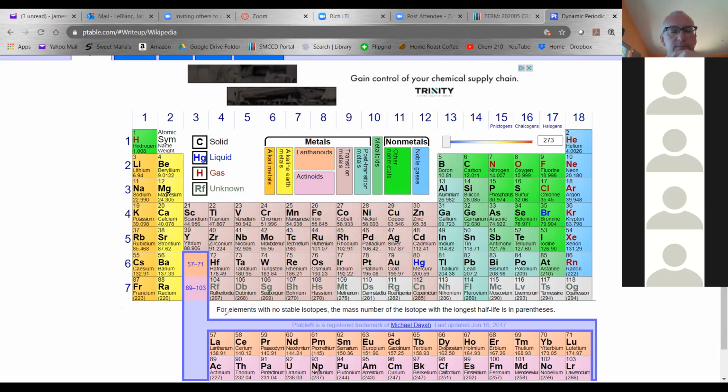Do they have properties of both metals and nonmetals? No, that is the metalloid. That's a good guess, but no, those are the metalloids. And those are these here. Those are these elements. Boron, silicon, arsenic, antimony. Those are metalloids.